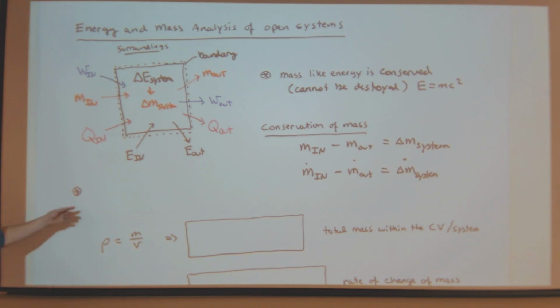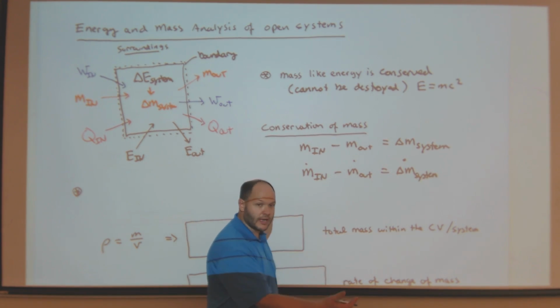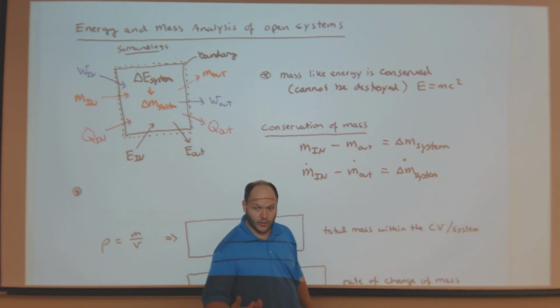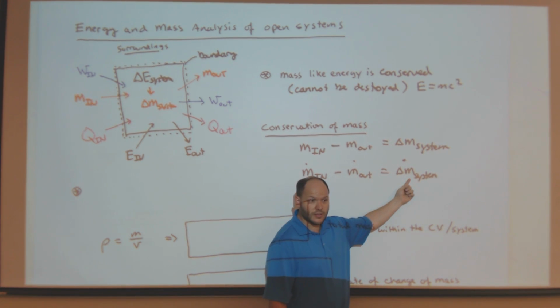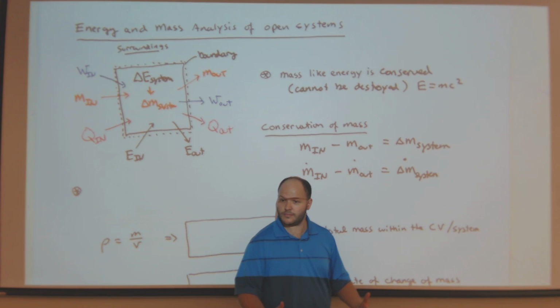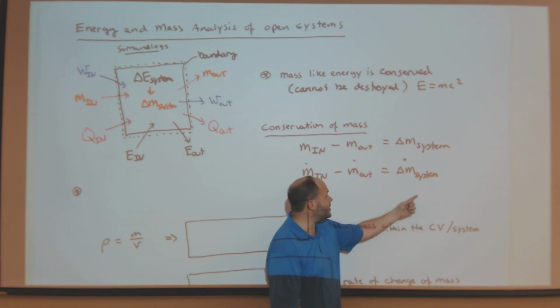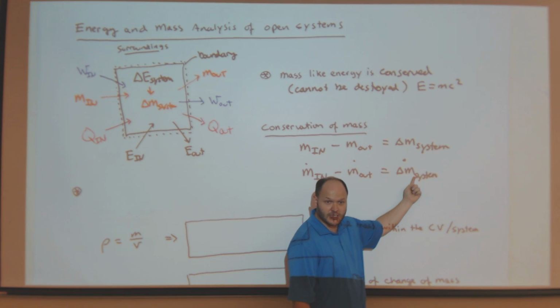So if I'm adding mass at a constant rate, 1 kilogram per minute, and I'm removing mass at the same rate, 1 kilogram per minute, then what can this be? 0. So that represents a steady state mass transport. Steady mass input, steady mass output. In that case, the time rate of change of my mass in my system has to be 0.